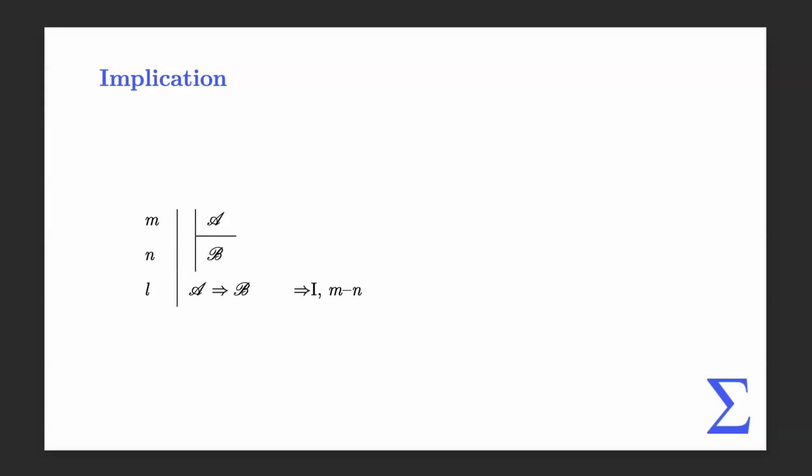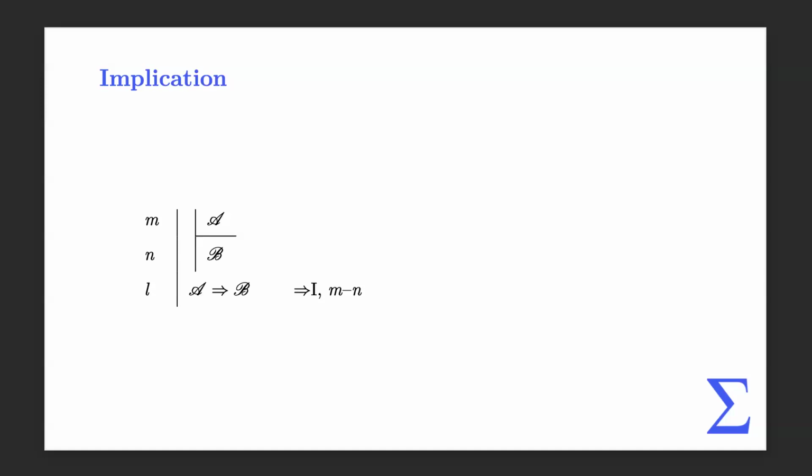You say let A be arbitrary, and so on, and then, therefore B. You assume that A is true, and then you somehow show that B follows. You do the same thing in a natural deduction system. You open a subproof and make an assumption: I assume A is true, but I can somehow get that B is true. Then at the end, I can close my subproof and say this proof is evidence for A implies B being true.